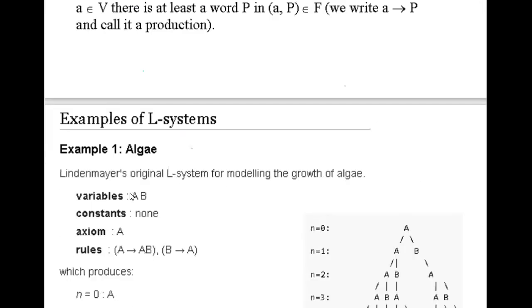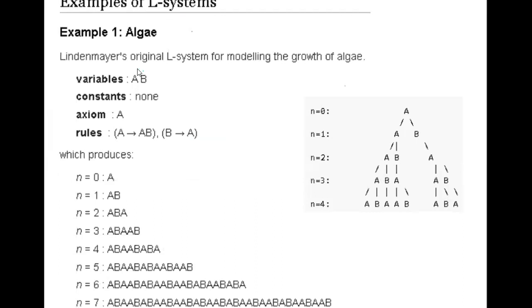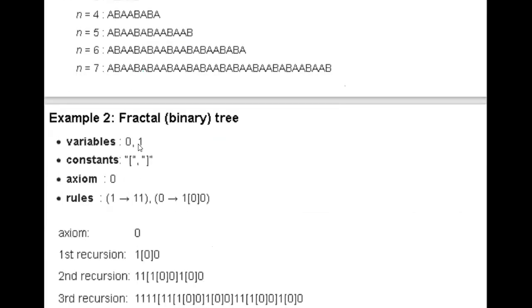It consists of these kinds of symbols, and here we have only two character symbols in the alphabet, finitely many. For instance, if you consider this, we have 1, 2, 3, 4, so four symbols in this alphabet.